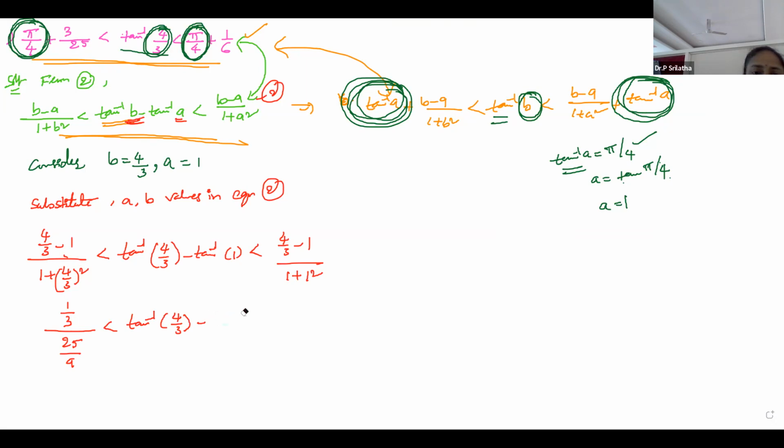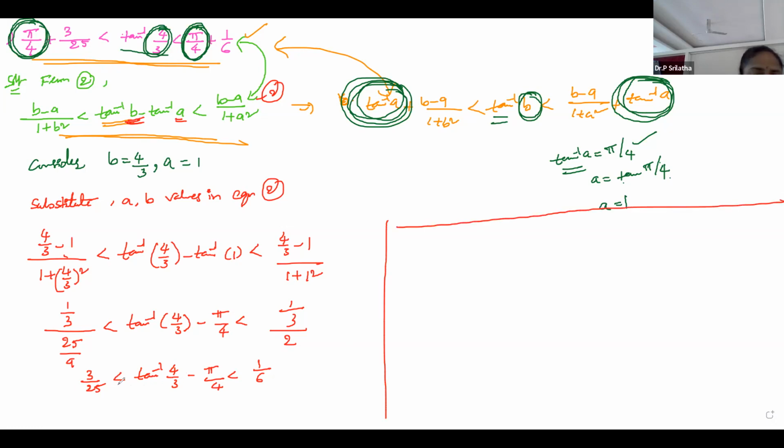Already we know that from the question. Tan inverse 1 is pi by 4, is less than 4 by 3 minus 1, that is 1 by 3, divided by 1 plus 1 whole square, that is 1 plus 1, 2. After simplification, we get 3 by 25 is less than tan inverse 4 by 3 minus pi by 4 is less than 1 by 6, 3 into 2, 6. Okay, isn't it? Next.